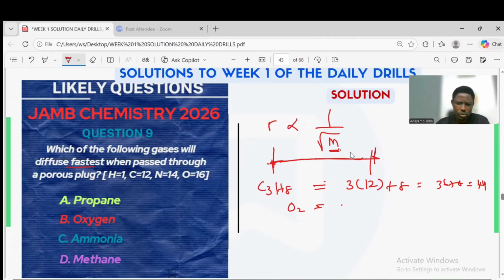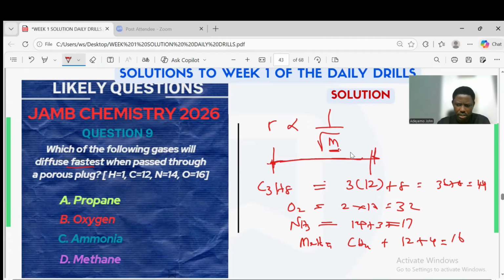Oxygen is O2, 2 times 16, that is 32. Ammonia is NH3, 14 plus 3, that is 17. Methane is CH4, that is 12 plus 4, which is 16. So methane is the lightest, so it's going to diffuse fastest. The answer is methane.